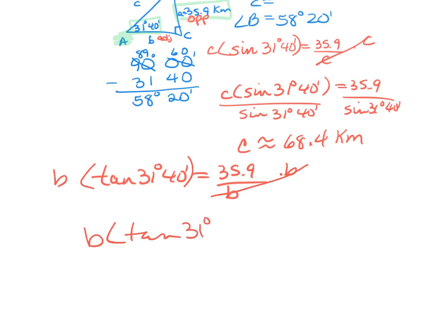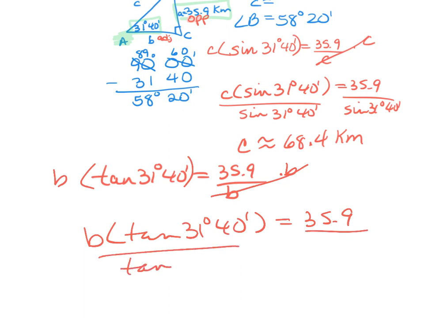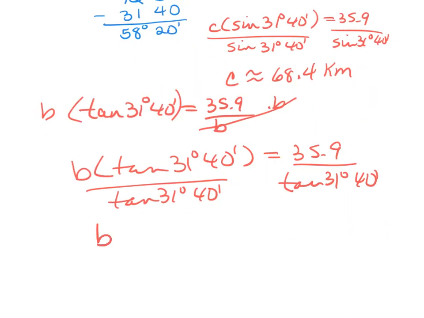So tangent 31 degrees, 40 minutes. Divide. Tangent 31 degrees, 40 minutes. Once I divide, b is approximately equal to 5.2 kilometers.